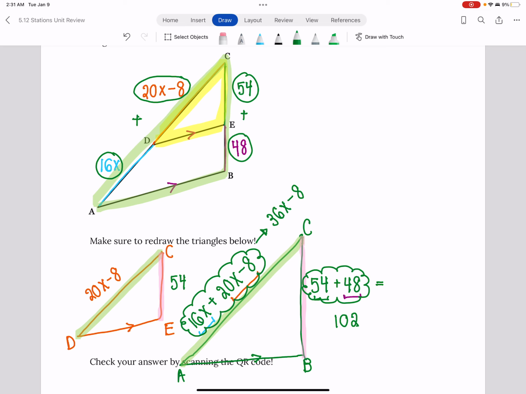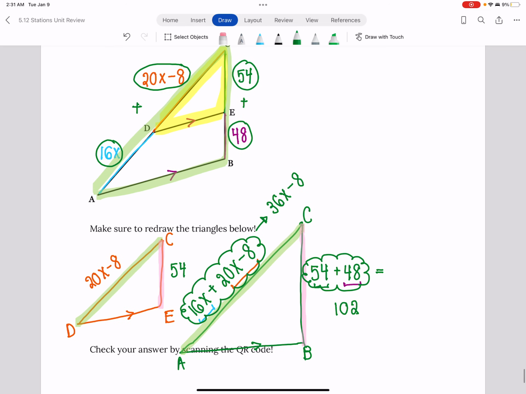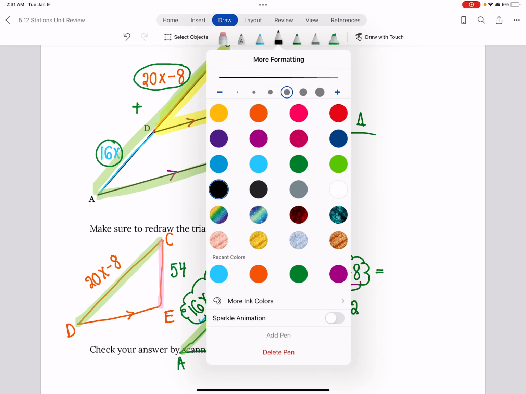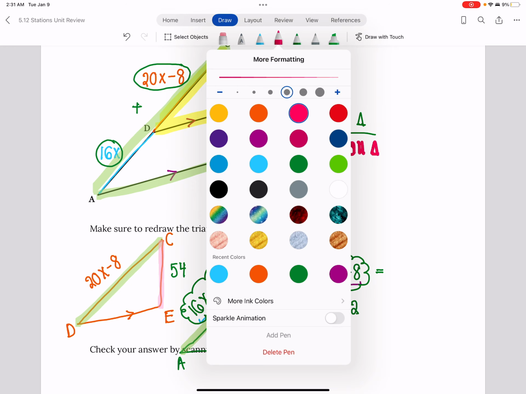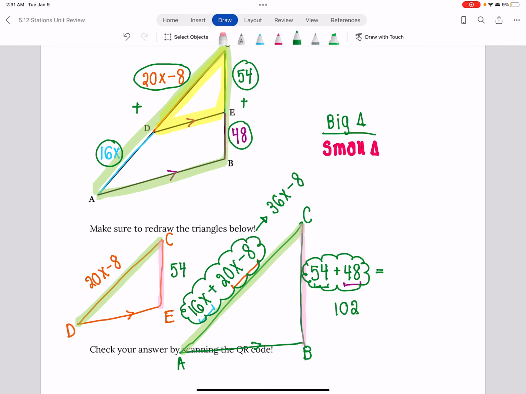All right, now I think we're ready to really set up our proportion of big triangle to small triangle.